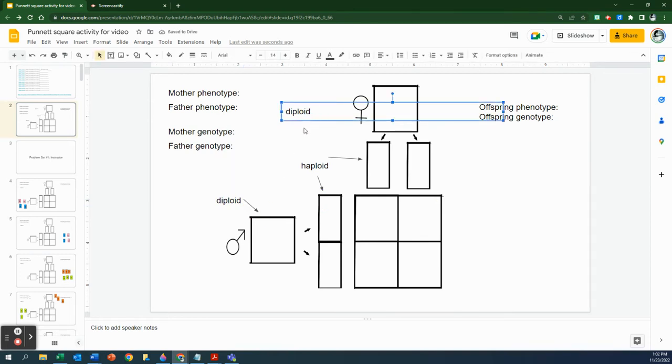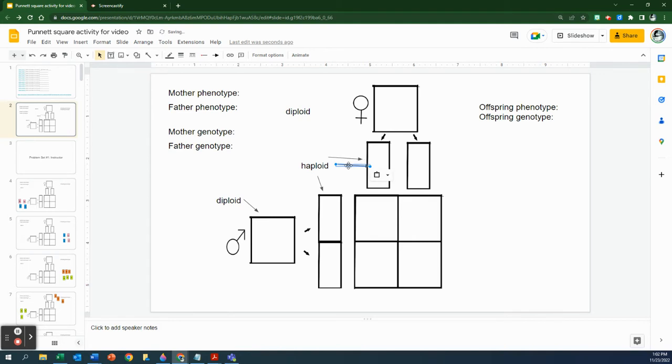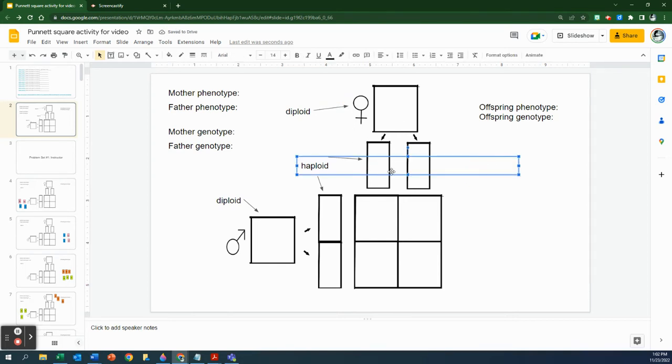So we're going to keep this in mind as I'm trying to make another arrow without this interfering with my little word over here. So this is my other little diploid character. All right. So mom's a diploid.